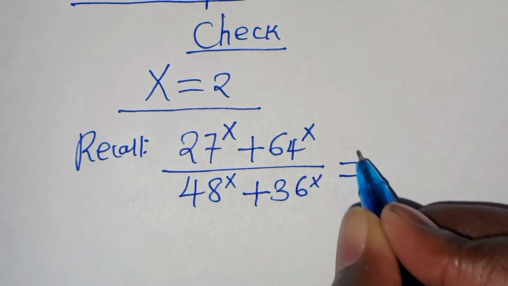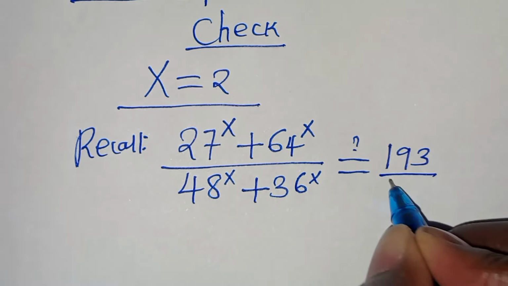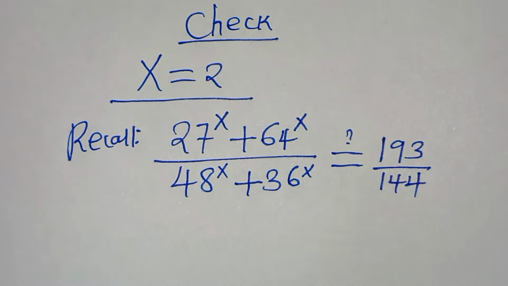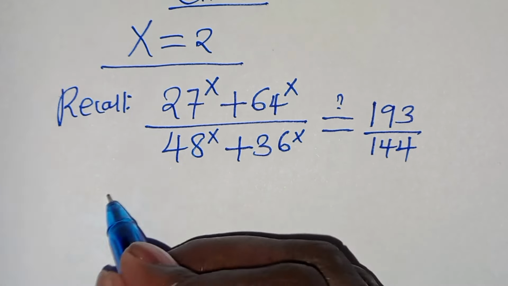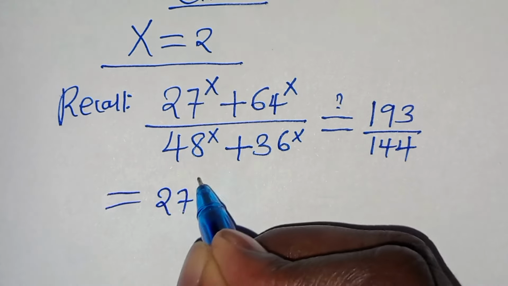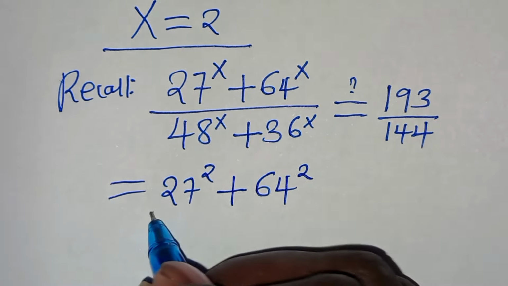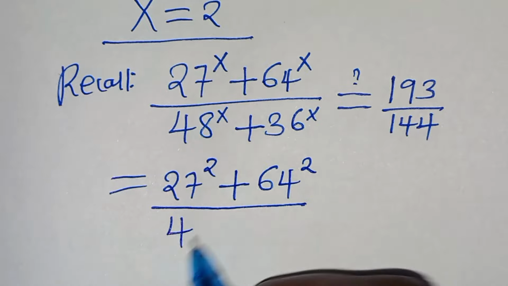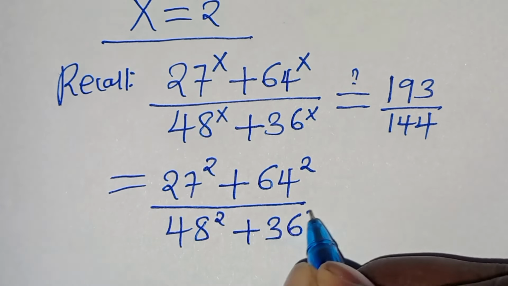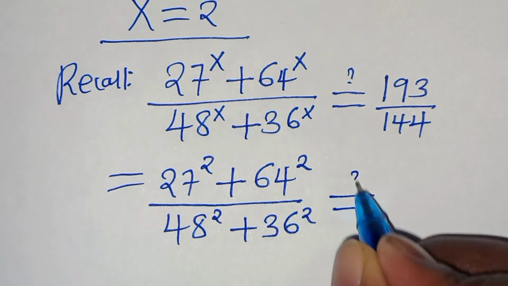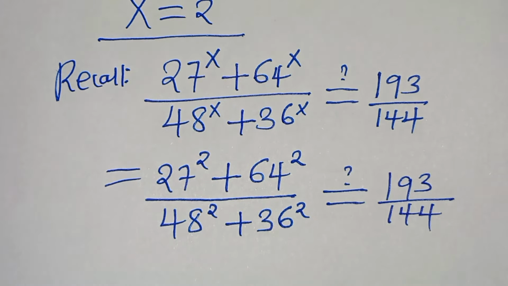This should give us a value of 193 divided by 144. Let's substitute the value of x, which is 2, so that we have 27 raised to the power of 2 plus 64 raised to the power of 2, divided by 48 raised to the power of 2 plus 36 raised to the power of 2. This should give us a value of 193 divided by 144.